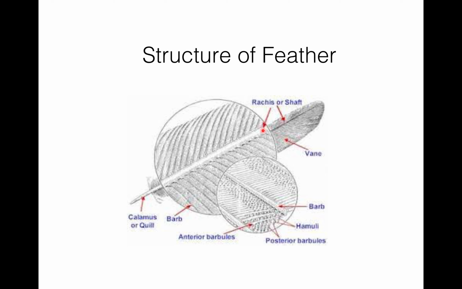A longitudinal furrow, which is known as the umbilical groove, runs along the inner or ventral surface of the rachis throughout its length.